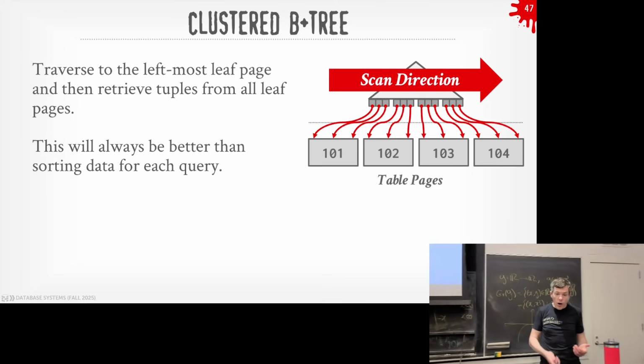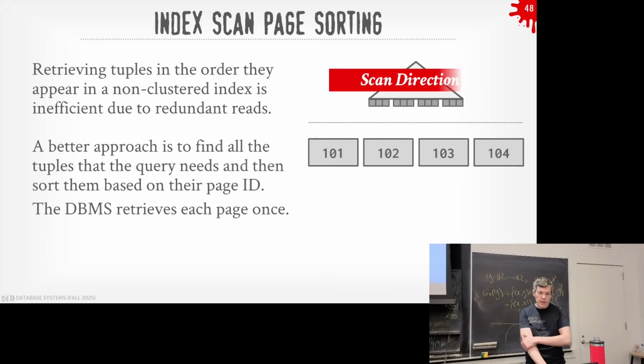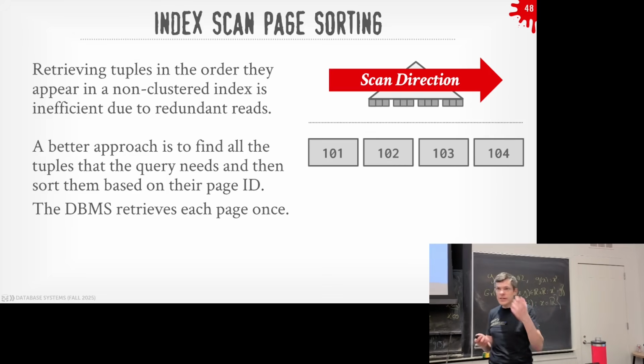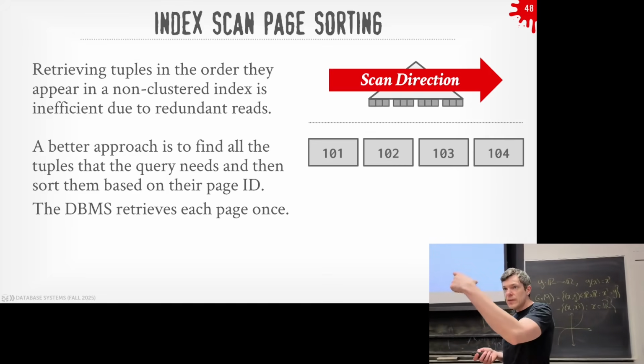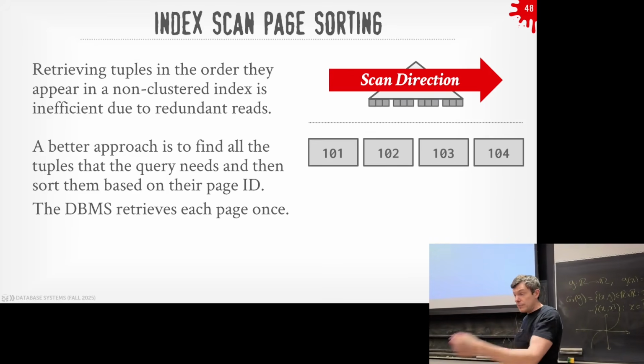Where things can go wrong is if the index defines one sort order, but the data is sorted in another sort order. I may have really inefficient access if I naively retrieve whatever page the index is pointing to one at a time.